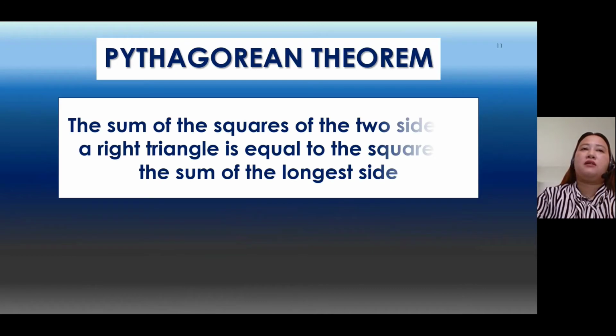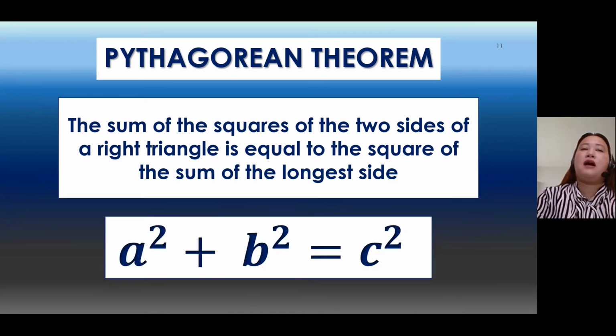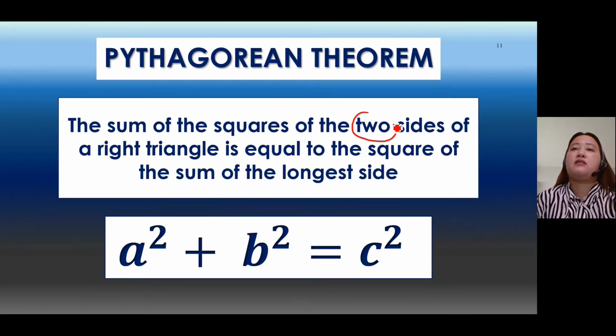The Pythagorean theorem is described as the sum of the squares of the two sides of a right triangle, which is equal to the square of the longest side. In formula, it is a squared plus b squared equals c squared. In the Pythagorean theorem, the two sides being mentioned are the opposite and adjacent sides, and the longest side is the hypotenuse.